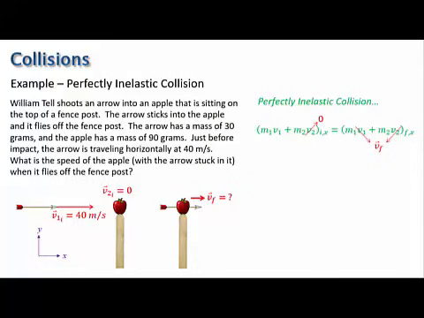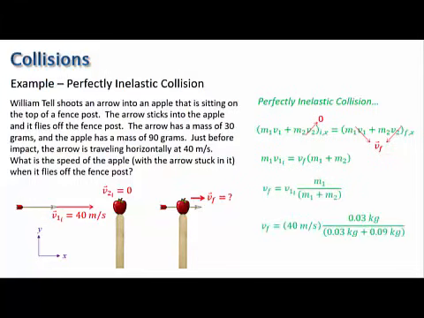So now the equation simplifies to this, and we can solve it for V final, plug in values, and we find that the final speed of the apple with the arrow stuck in it is 10 meters per second. This is a basic one-dimensional example to demonstrate the procedure to follow. There are some additional worked out examples posted, including a 2-dimensional example that you should review.